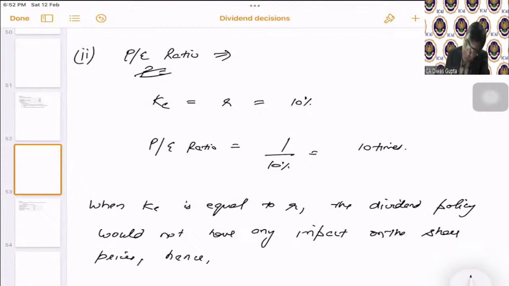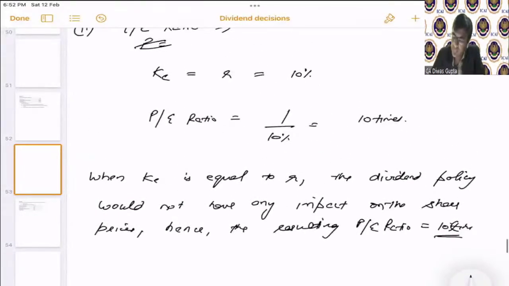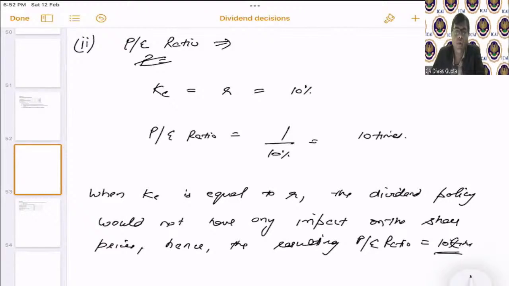Hence, the resulting PE ratio is equal to 10 times. Not 10%, 10 times. Okay, students, I hope this is clear.